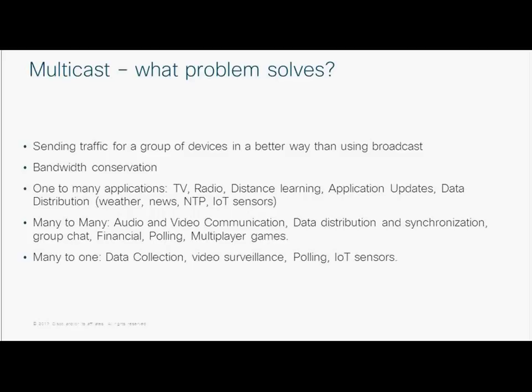So then we have a receiver which is subscribed to that group and receives all the traffic from the cameras in a better way than having communication from IP to IP. That's a better way to handle that communication.